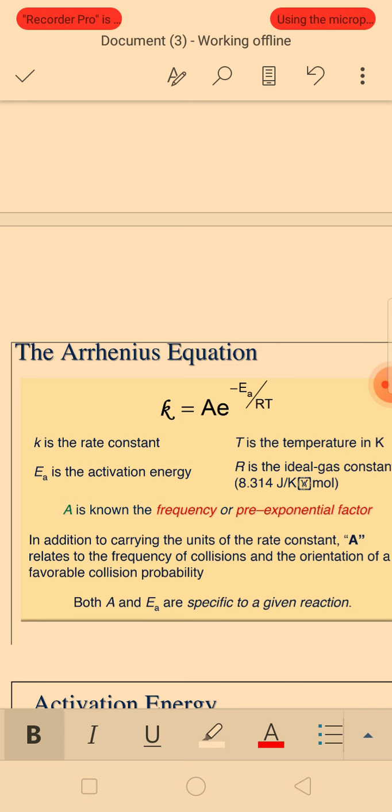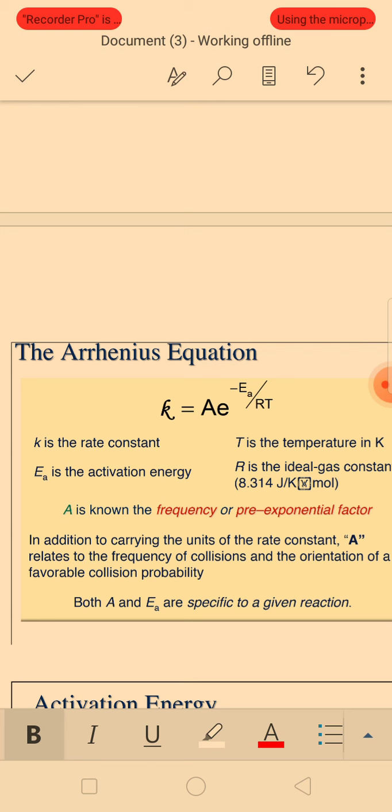The whole equation, the Arrhenius equation, is: rate constant K is equal to capital A. Capital A is known as the collision factor, pre-exponential factor, and it is also known as effective or non-effective collisions about this A.